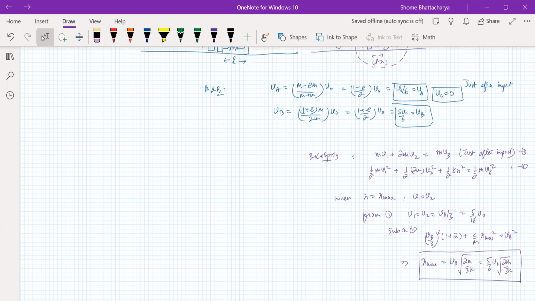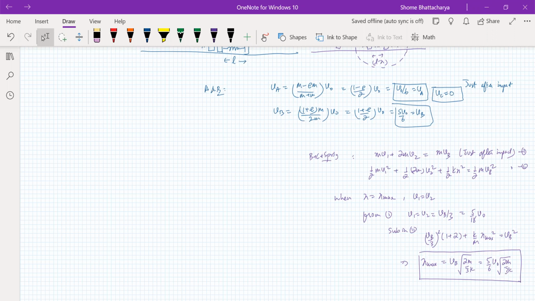Now think carefully what we'll get for the maximum value of VC. So when x becomes 0. Yes, very good. Because once this B and C system starts moving after having collided with A, what will be the situation of the spring?